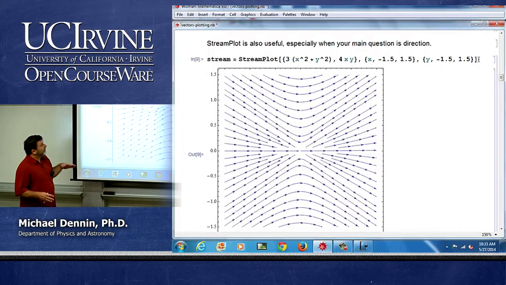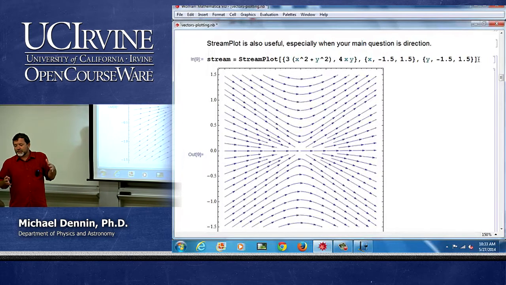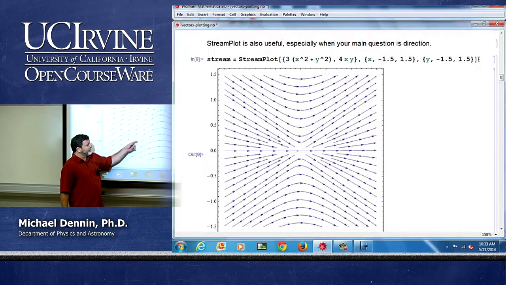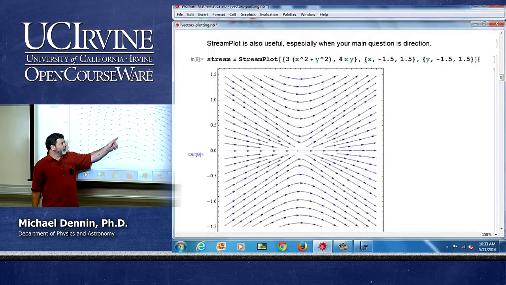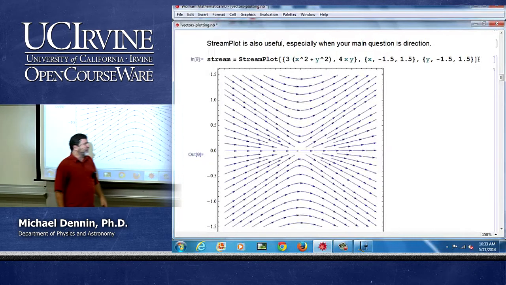Depending on how you set your settings, the closer together you have streamlines, usually the bigger the field. So that's a general rule of thumb. But notice it does give you a much better idea of the direction, because you've got that continuous line. And you can plot it with and without the arrows if you find the arrows distracting.